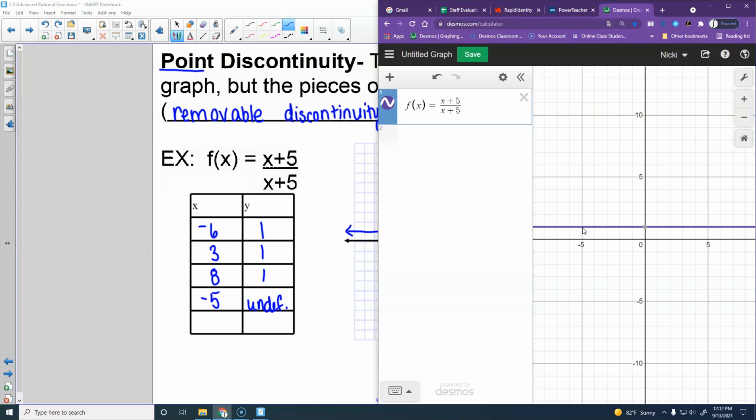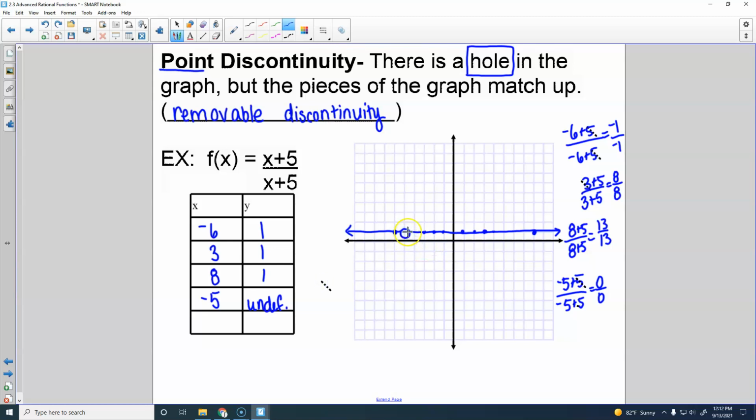And remember, points don't even have width, right? You can get infinitely close to that point without ever actually getting there. So Desmos is going to graph it like it looks like a straight line. The way I have it here, if you got to 5.5, it looks like it's still in the hole, right? But the hole is actually just at that singular point right there at negative 5.